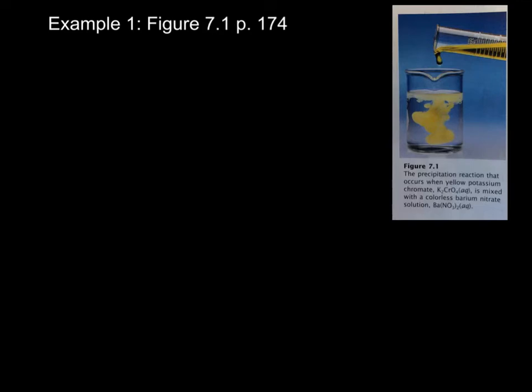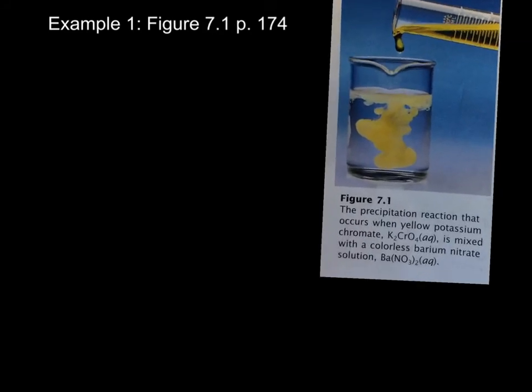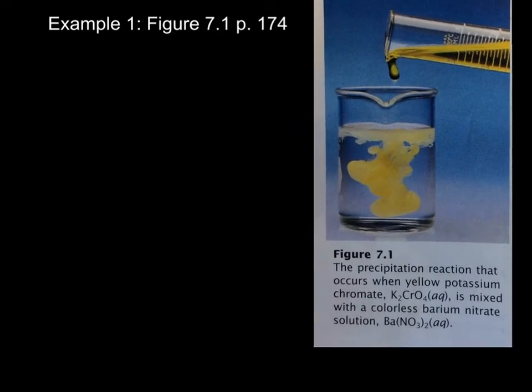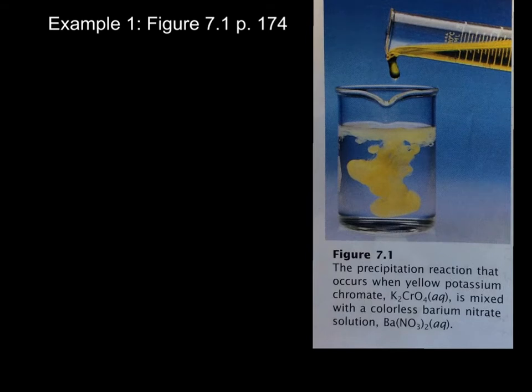Okay, let's take a look at our first example. Here on page 174, we have a figure where we are allowed to see that we have two aqueous solutions. Here's a clear liquid one, and we're told that the yellow one is potassium chromate solution.